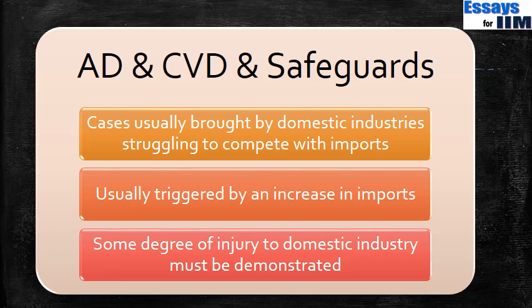Now, what are the similarities in all these three? Obviously, these cases are usually brought up by domestic industries which are struggling to compete with the imports. If the domestic industry is competing well with the imports, then the need for any of these will not really arise. Secondly, normally it is triggered by an increase in imports. So if everything is status quo, you would not need any of these, and you would also not be able to prove the need for any of these.